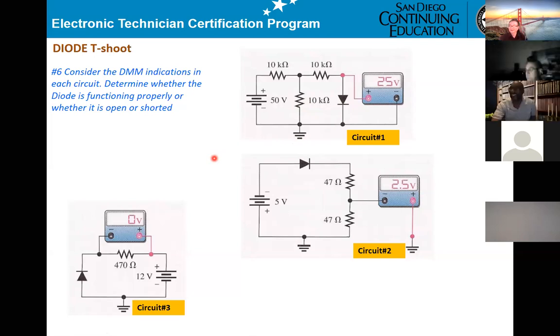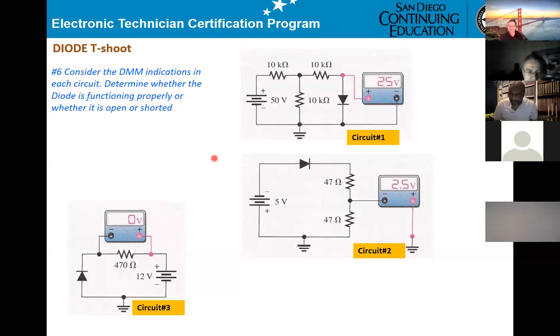But when you say shorted, you have to prove it for me. How come you get 25 volts? If you say it's open, then you have to prove it. Tell me how you get 25 volts.